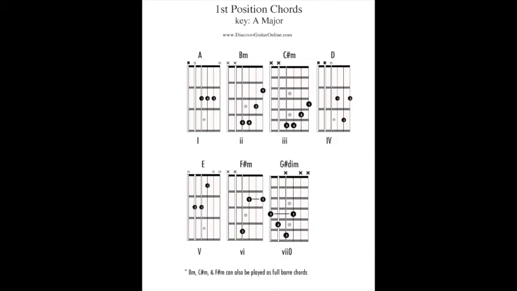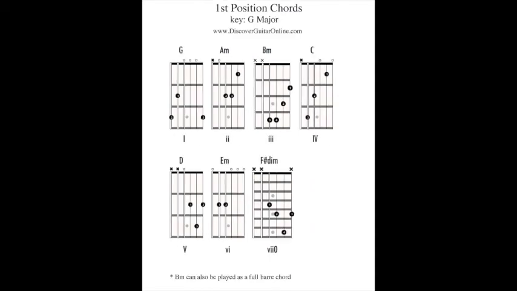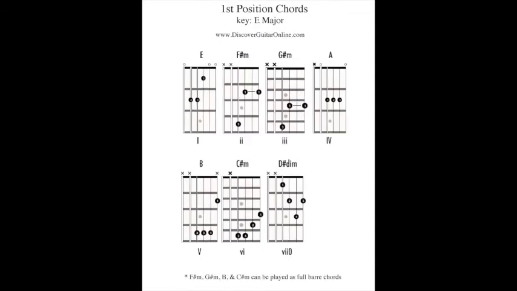And what you're looking at here are the chord charts for the keys C, A, G, E, and D. So you can pause your screen and screenshot that, so you can have a copy of all of the keys and how to play them, how to finger them, for the corresponding chords within those corresponding keys.